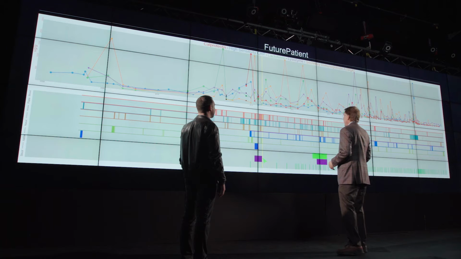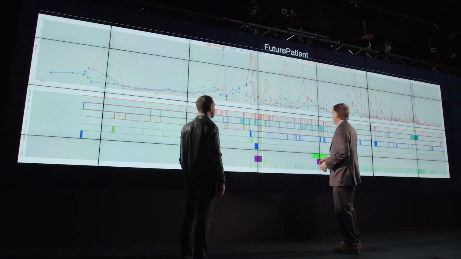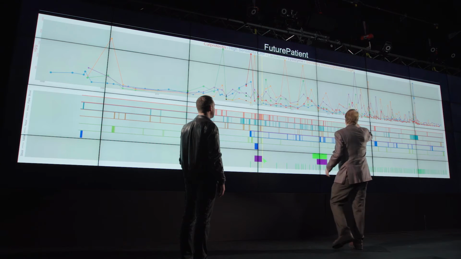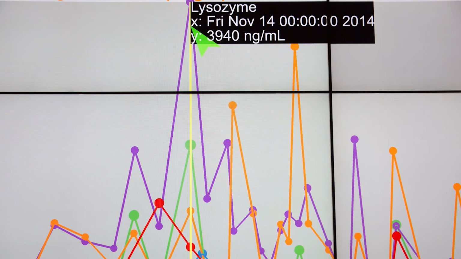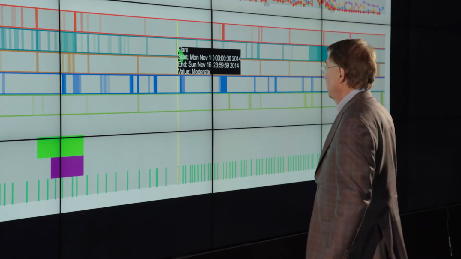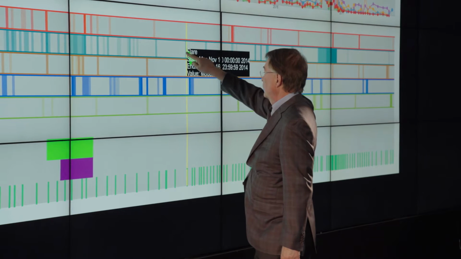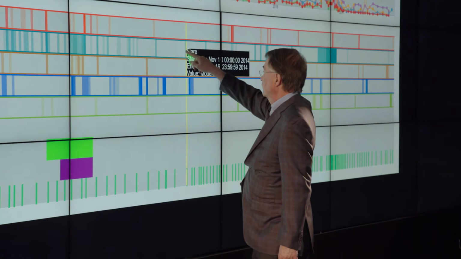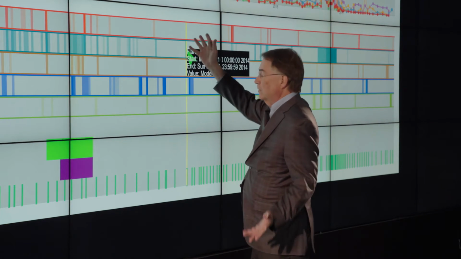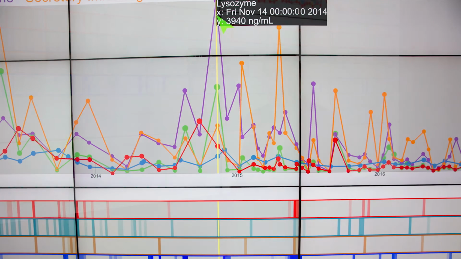So, say we come over here to where the big purple one is. Okay, you can see that it's the highest it ever got for the lysozyme. But notice that essentially there's nothing going on. There's a very weak, moderate flare that week, but you basically wouldn't notice it.